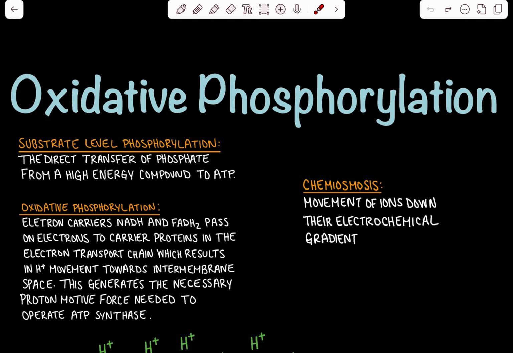Remember that in glycolysis, we produced glyceraldehyde 3-phosphate and phosphoenol pyruvate. These were two high energy molecules that contained phosphate, and once we hydrolyzed that phosphate group, this high yield reaction was able to transfer that phosphate group onto ADP to produce ATP.